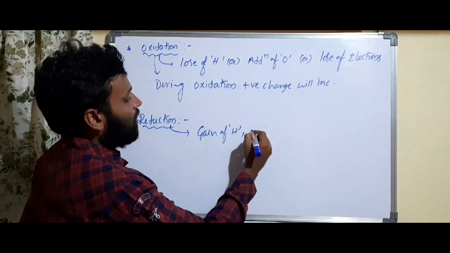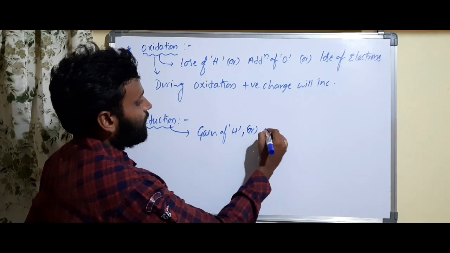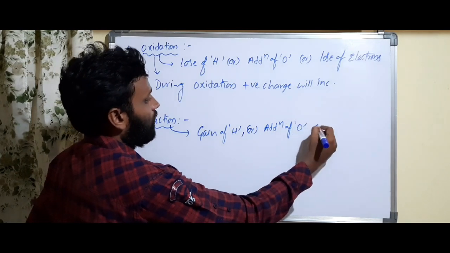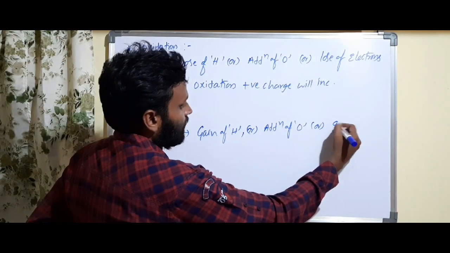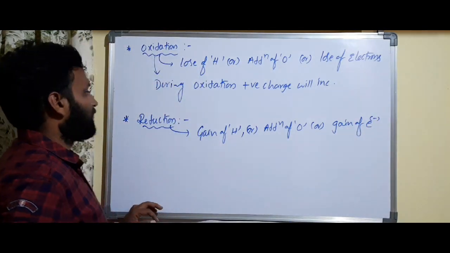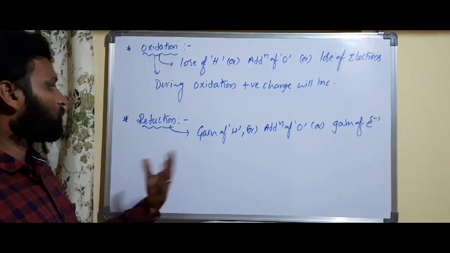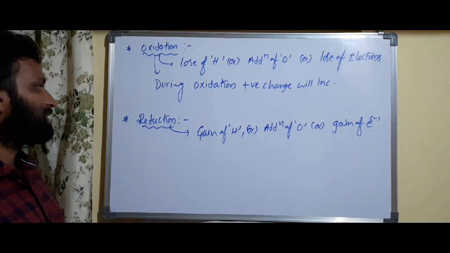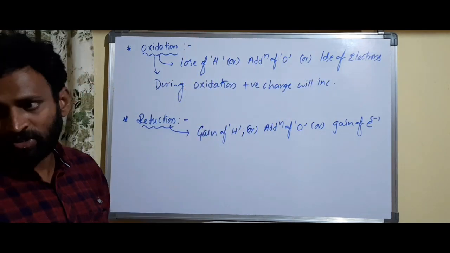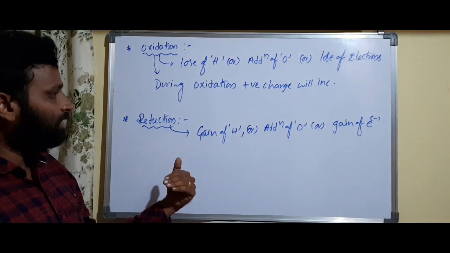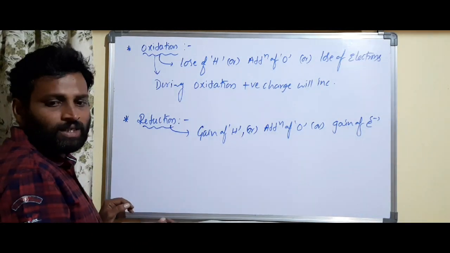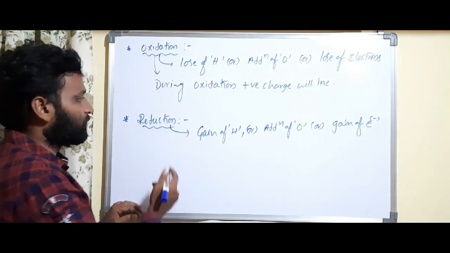Gain of hydrogen, or else you can say addition of oxygen, or else gain of electrons. Electrons added, we consider as reduction. Electrons lost, you consider as oxidation. Electrons gained, you consider as reduction. It's a very simple thing for you.